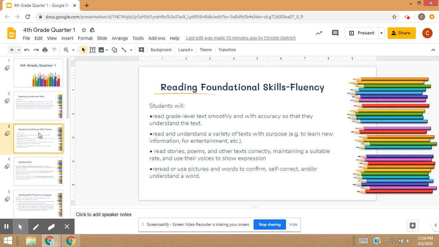That's something that we have to work with a lot. Some kids are very good at showing expression, some are not, and vice versa. Some kids are good at showing expression, but they're not able to read as fluently. So we're just trying to fill in the holes and make them an all-around better reader.